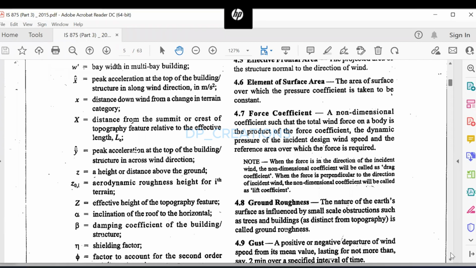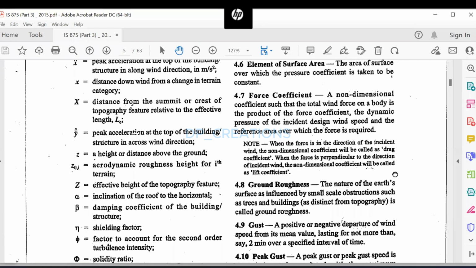When the force is in the direction of the incident wind, the non-dimensional coefficient is called the drag coefficient. And when the force is perpendicular to the direction of the incident wind, the coefficient is called lift. So what is lift and what is drag? Along the direction is drag, and across the direction is lift.